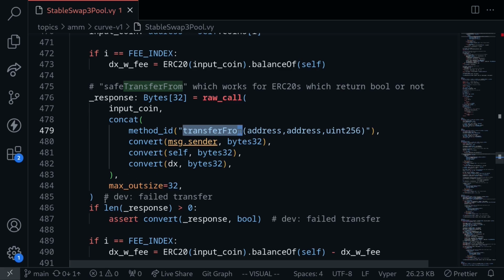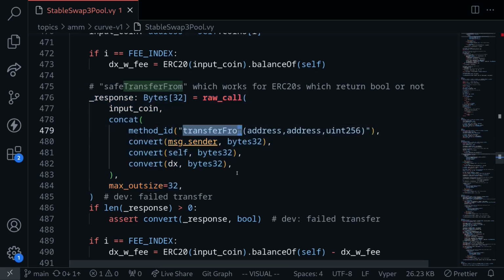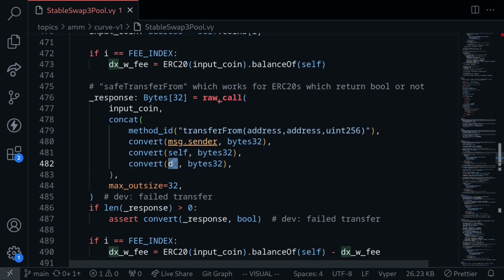Now notice here that it's not using the ERC20 interface to call the function transferFrom. Instead, it's using a low-level call to encode the function call and all of the parameters: transferFrom msg.sender to this contract for the amount dx. The reason why it's using a low-level raw call to execute transferFrom is because some tokens, like USDT, do not return a boolean when the function transferFrom is called.